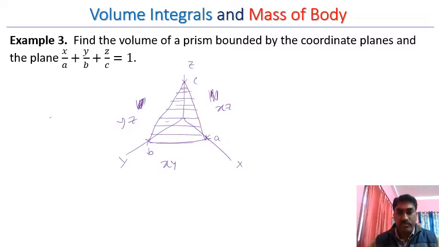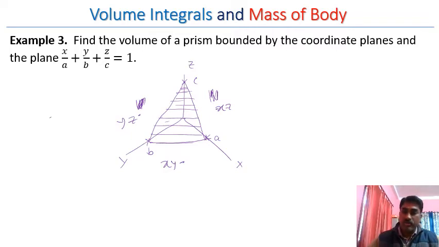So this is the prism, it has four faces: one plane face on xy plane, one face on xz plane, one face on yz plane, and one inclined face that you can see by the triangle ABC.